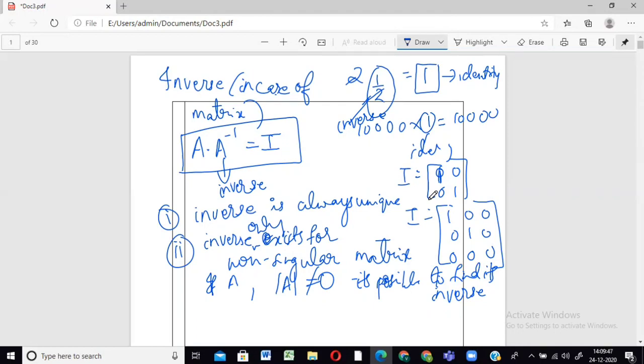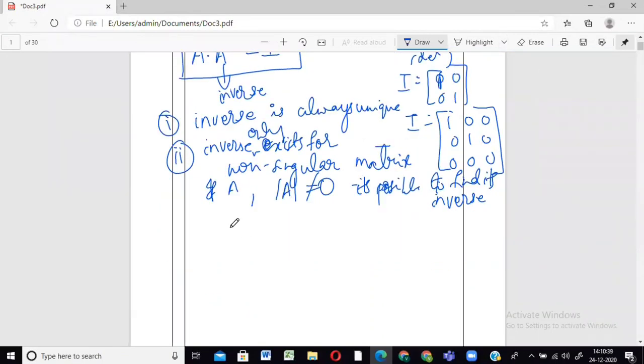Also, if the inverse exists for that matrix, then that matrix is called an invertible matrix. So please remember there are many names.